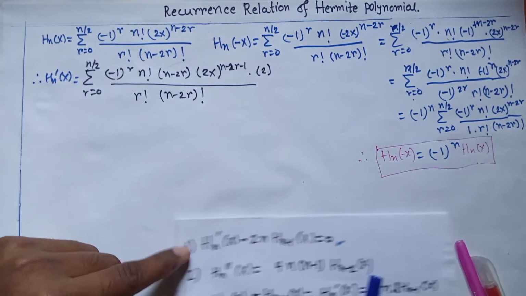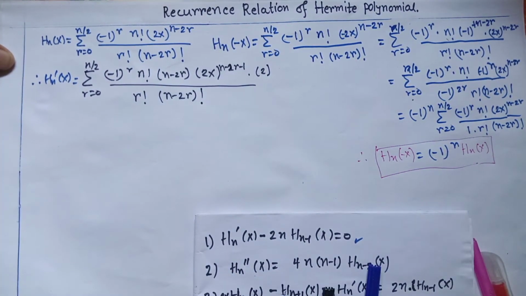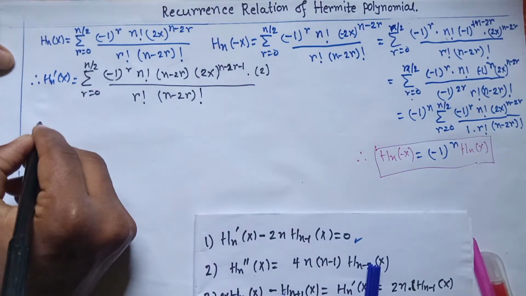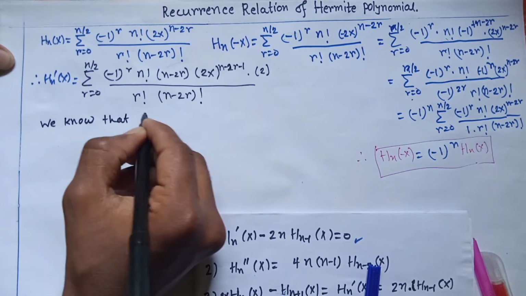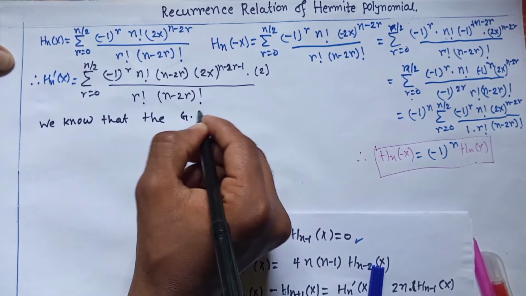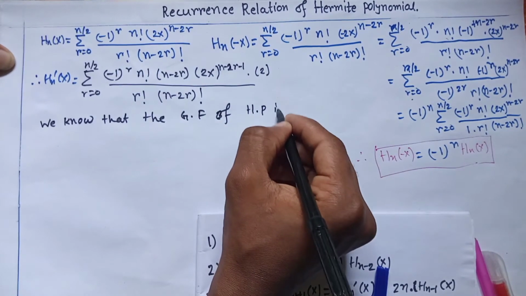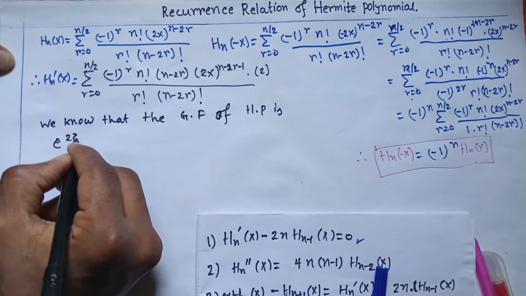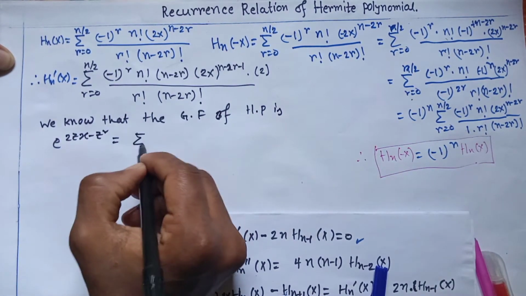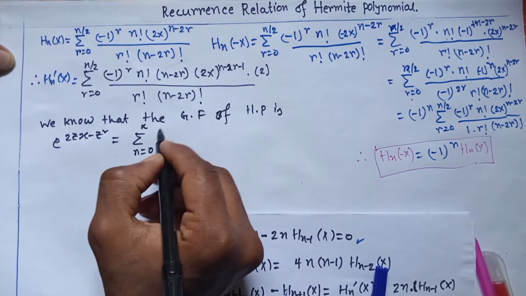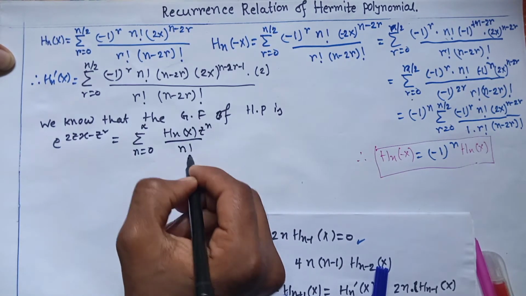and we see that the generating function of Hermite polynomial, we know that the generating function of Hermite polynomial is e to the power 2zx minus z squared equal to summation n equals 0 to infinity Hn of x z to the power n divided by factorial n.